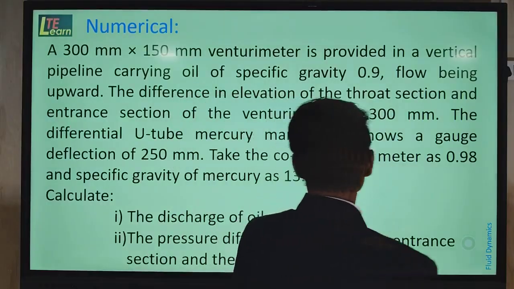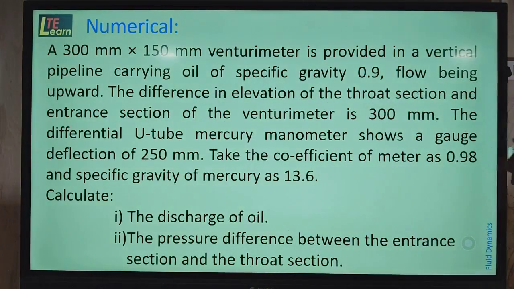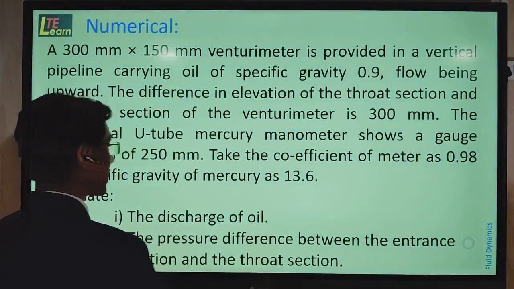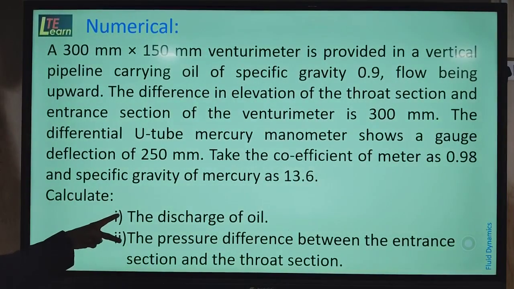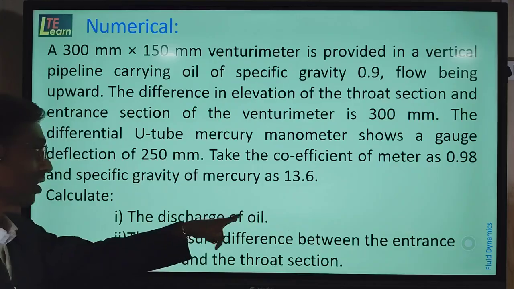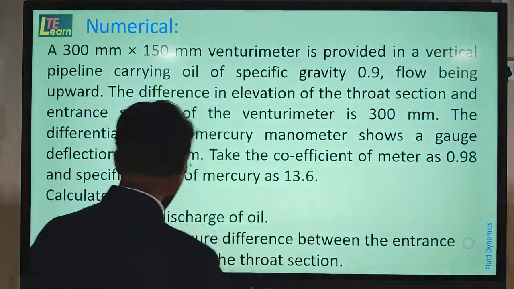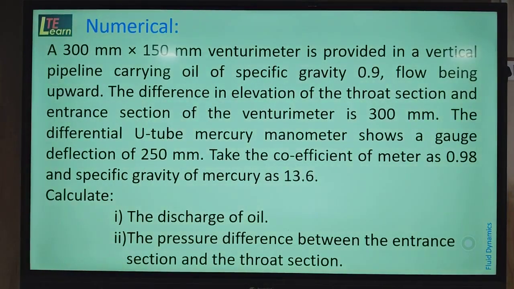Then the coefficient of the Venturimeter is given as 0.98 and the specific gravity of mercury we have to take as 13.6. Here it is asked to calculate two parameters. First is the discharge of oil and second, the pressure difference between the entrance section and throat section. Now for this we will have a diagram.